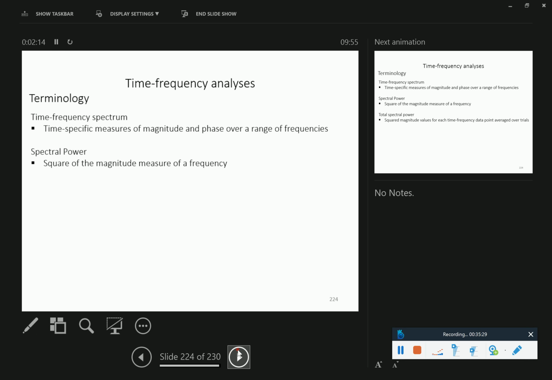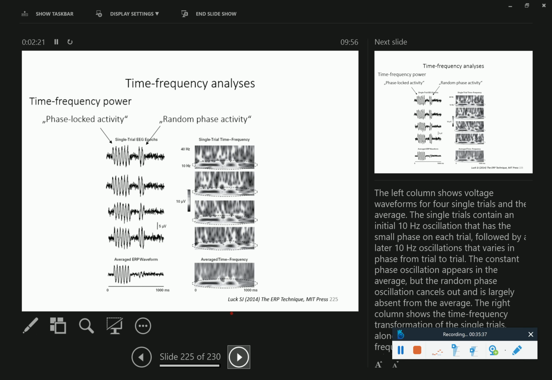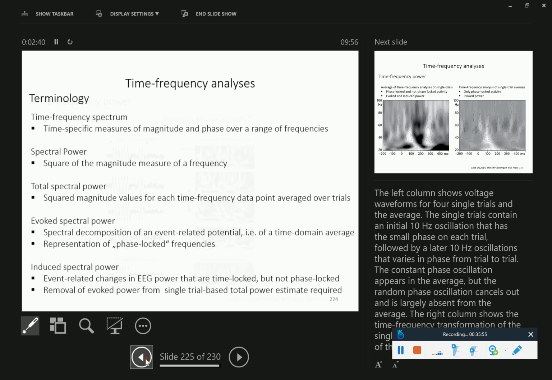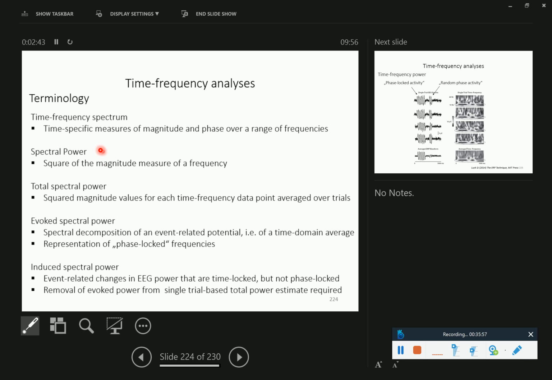And what is plotted in these graphs is actually spectral power, which doesn't have any phase information anymore. So you basically compute the square of a complex number, which removes the complex part and just shows you power.